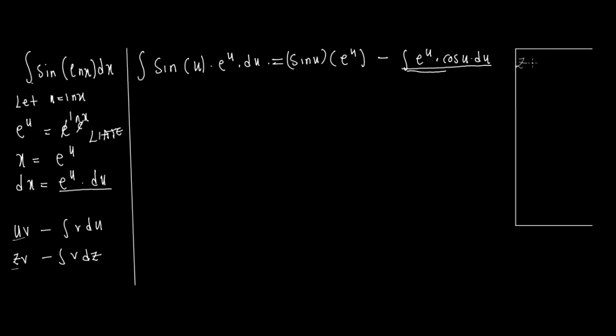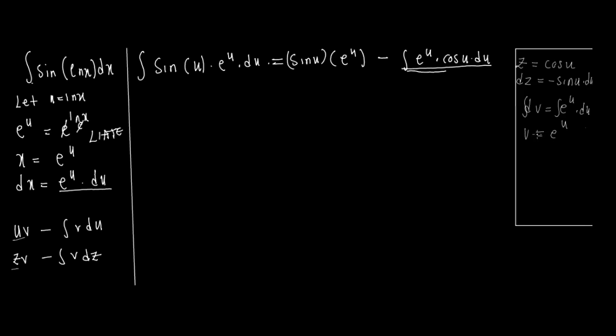So we're going to say z is equal to cosine of u and dz is equal to minus sine of u du. So how about dv? dv is e to the u times du. So v will be equal to e to the u.